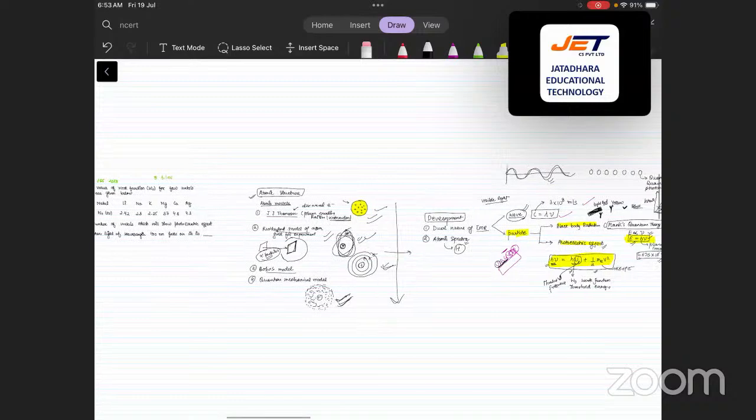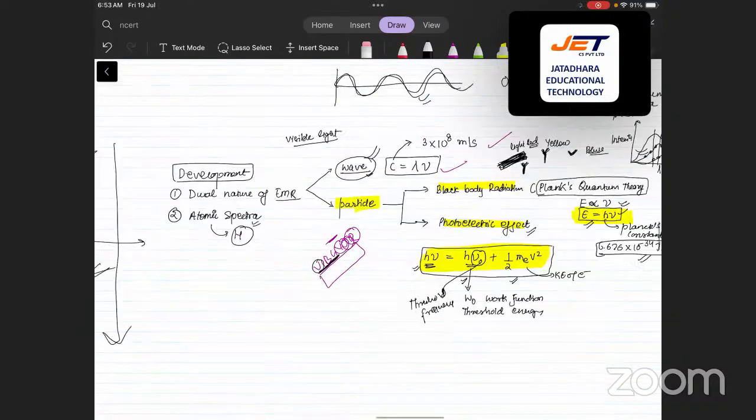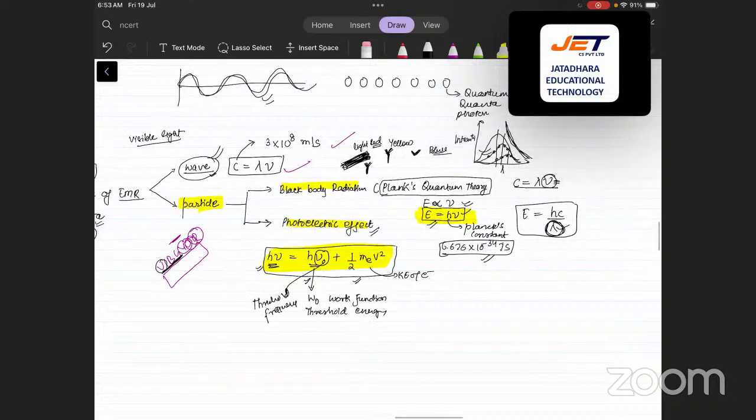We are right now learning about the developments that lead to Bohr's atomic model. By now we have got three formulas: the speed of light is equal to nu into lambda, then the formula for energy, and this formula which relates the energy, threshold energy, and the kinetic energy of electrons emitted whenever I put some light on a metal surface.